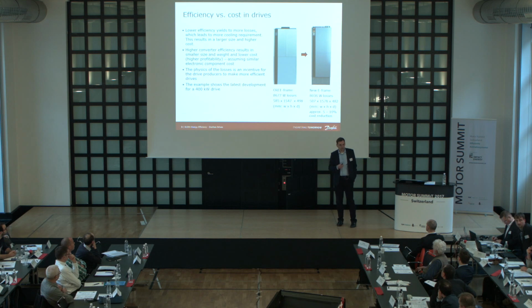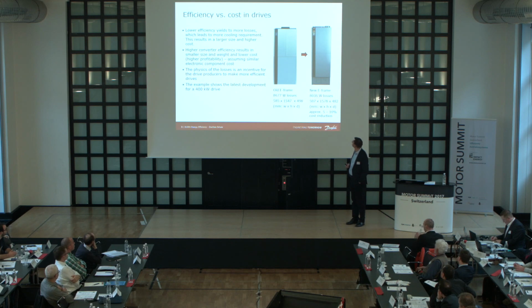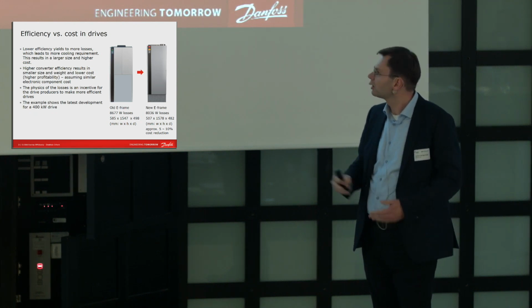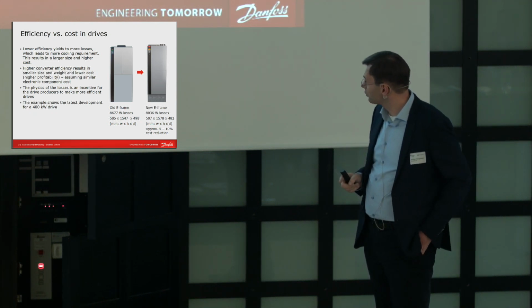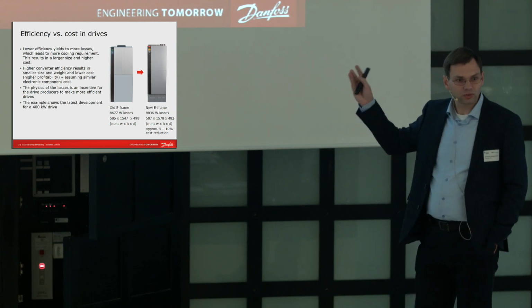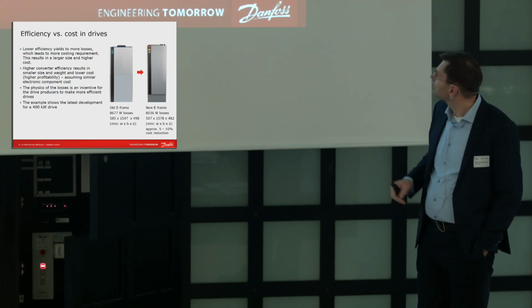So the physics of the losses has this sort of rule for power electronics, which is different from motors. I'll come back to that. I show you an example here. We recently made a redesign of our high power drives, and I took as an example something we call the E-frame. It's a 400 kilowatt drive.